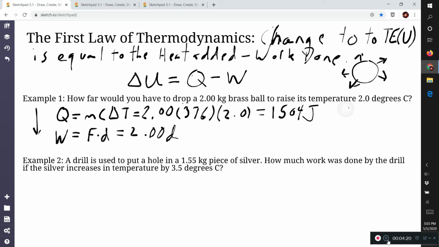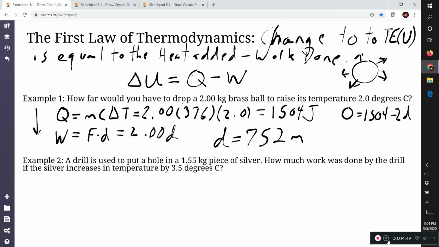We're saying that we have zero thermal energy equal to 1504 minus 2D. And we just solve for D in this case, and we will get 752, and that'd be meters. So you'd have to drop a brass ball 752 meters to raise its temperature 2 degrees Celsius.